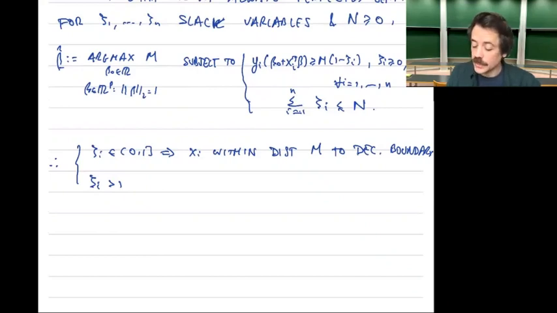And in that case, what we get on the right-hand side of the first condition is that the projection is actually negative. So what does that mean?